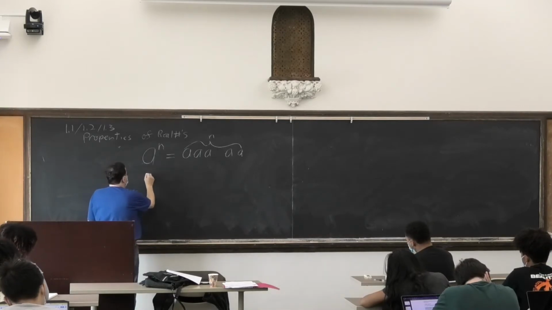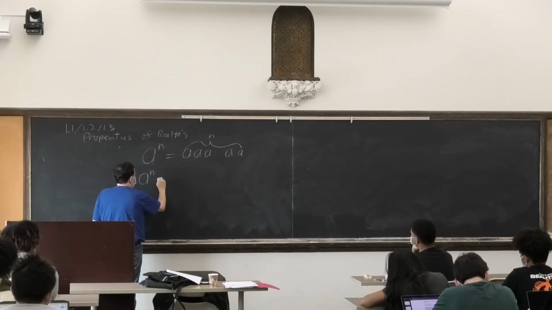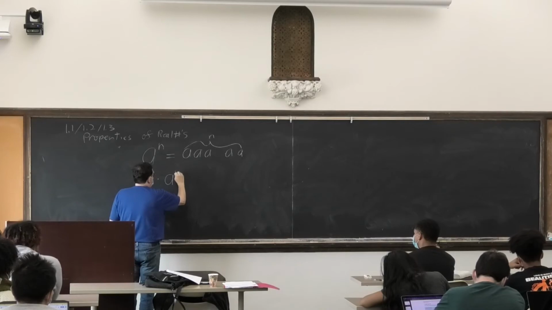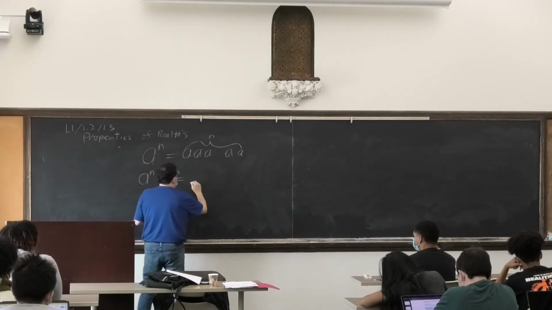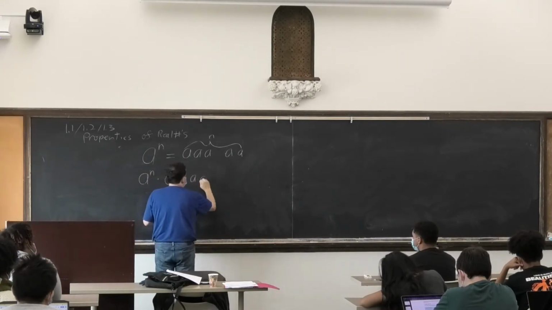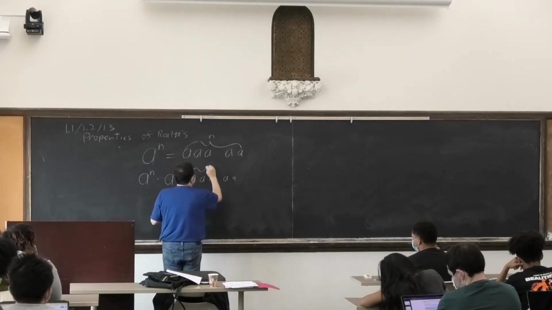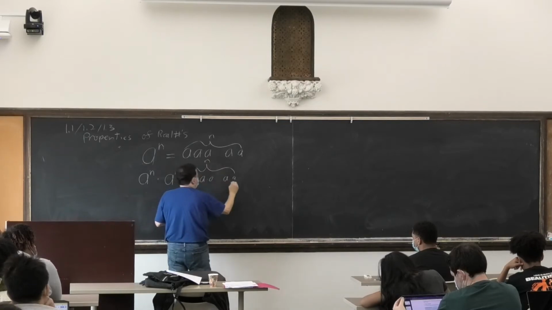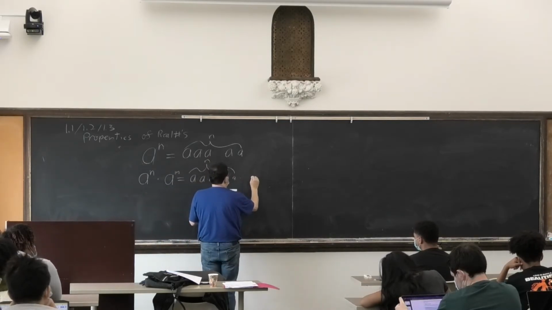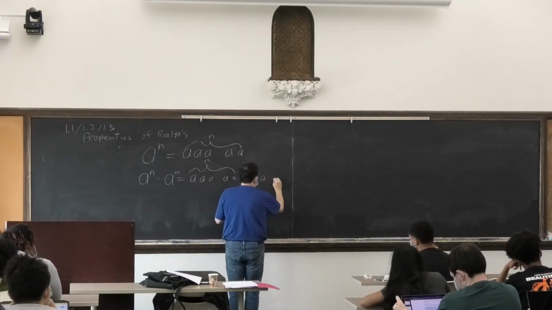So if we have two numbers, a^n and a^m, that's going to be a times a times a, n times, times a times a, m times.